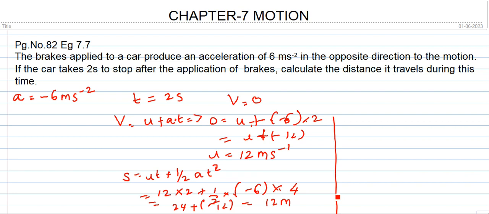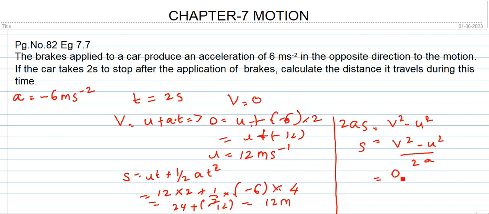This same distance we can also find from the formula 2as is equal to v square minus u square. This formula we used in the previous problems also. So s will be v square minus u square by 2a.